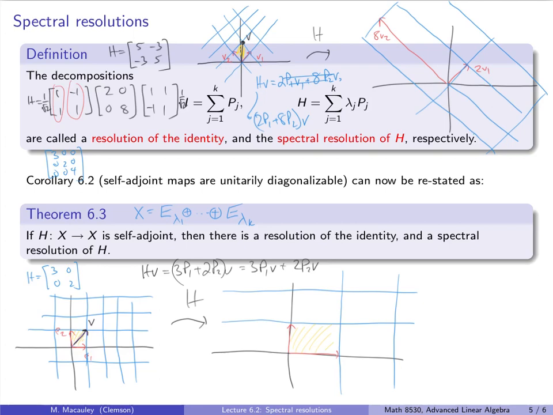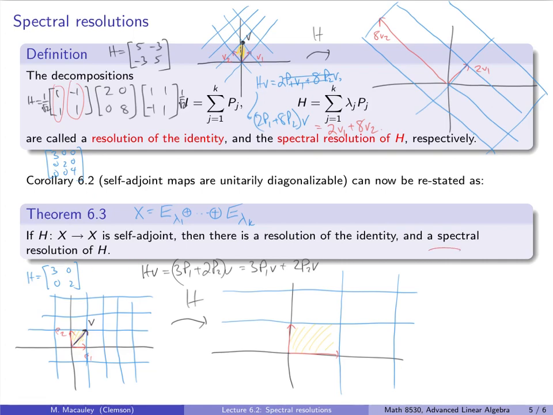And then if we reduce this, this just becomes 2V1 plus 8V2.